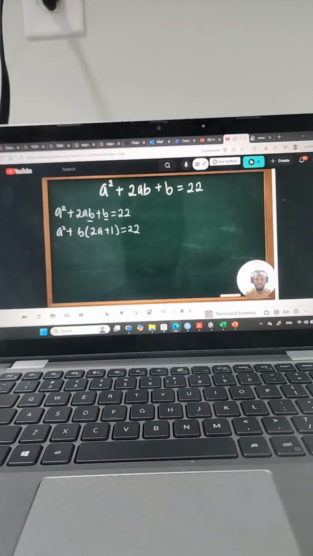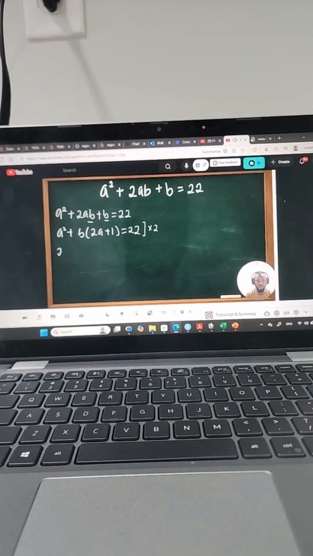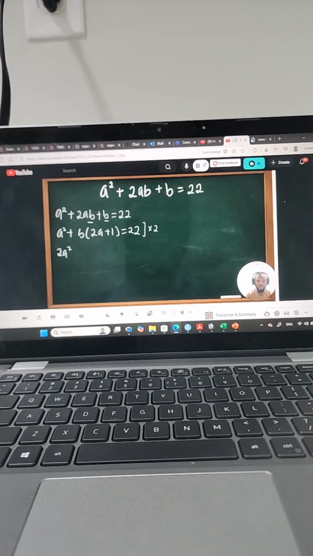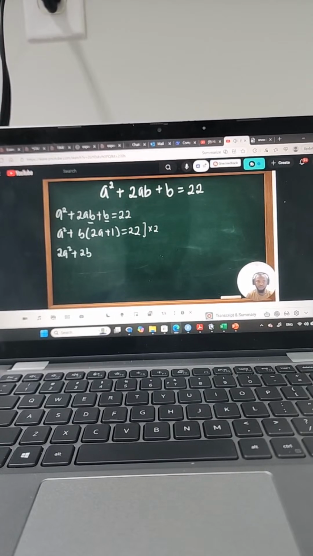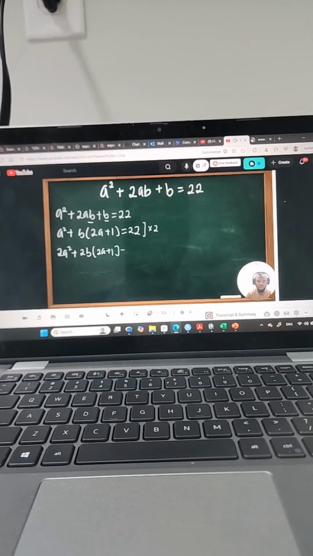Then the next thing to do here is to multiply this given equation by 2. If you do that, you're going to have 2a squared plus 2b into parentheses 2a plus 1 equals 44.